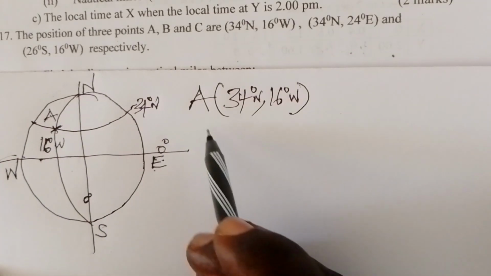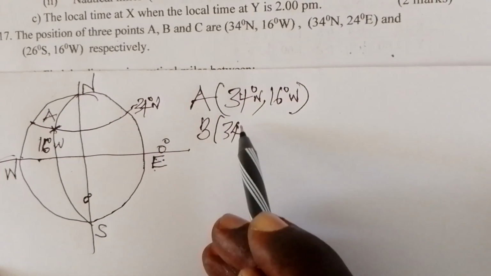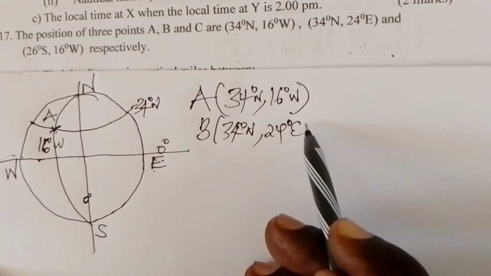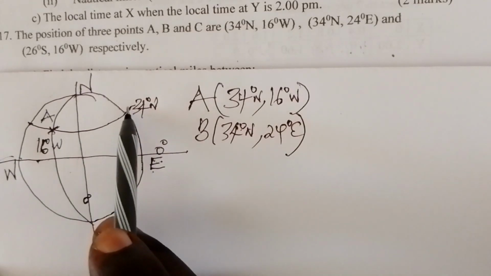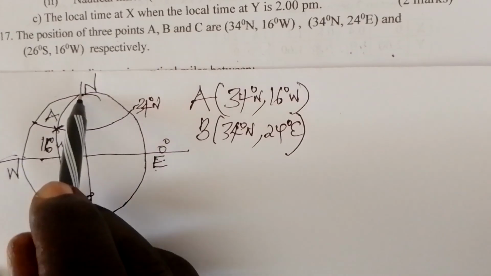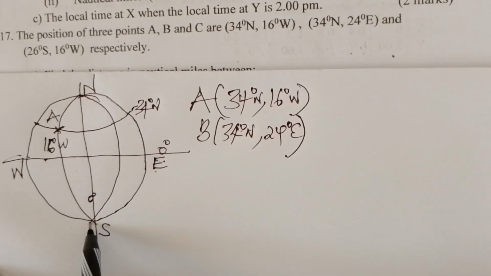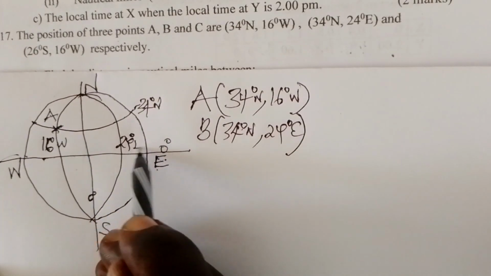B is given by 34 degrees north, 24 degrees east. So on the same latitude, but on the longitude it is 24 degrees east. Draw a hypothetical longitude here and mark it 24 degrees east.